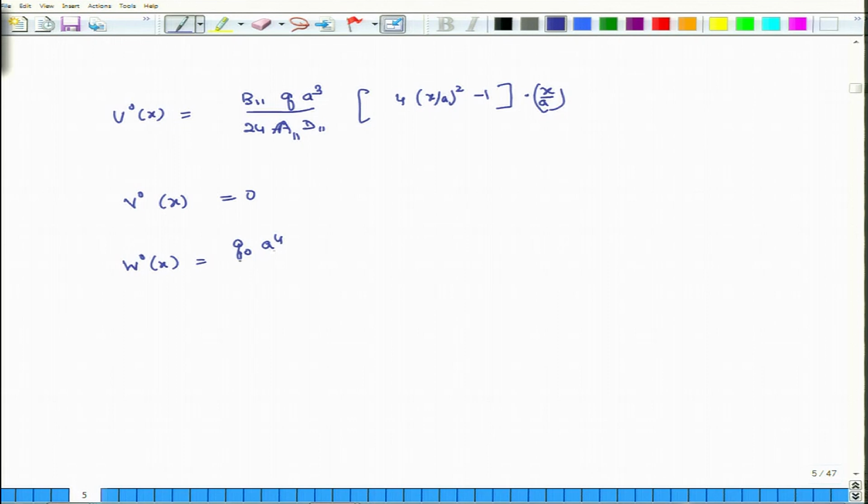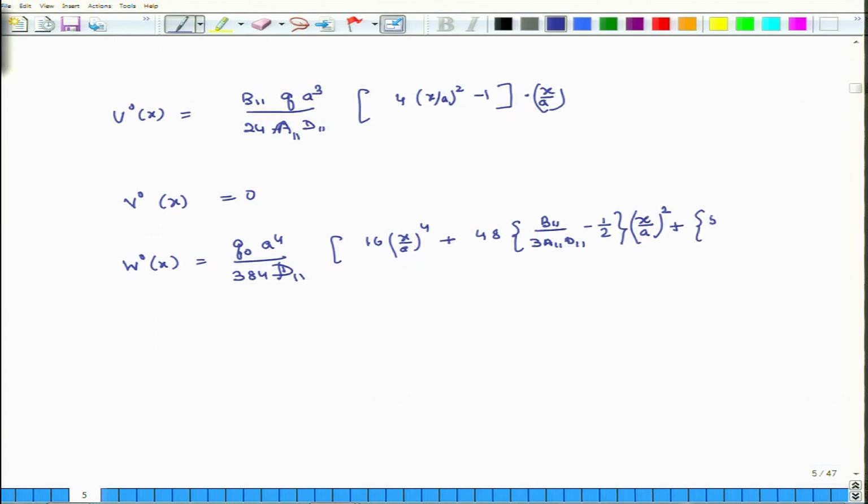Q naught A4 over 384 D11 times 16 (x over A)^4 plus 48 times B11 by 3A11 D11 minus half times (x over A) whole thing square plus 5 minus 4 B11 square divided by A11 D11.